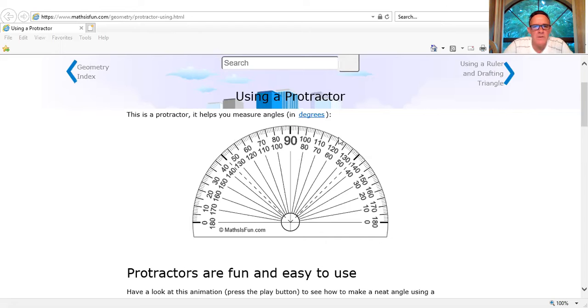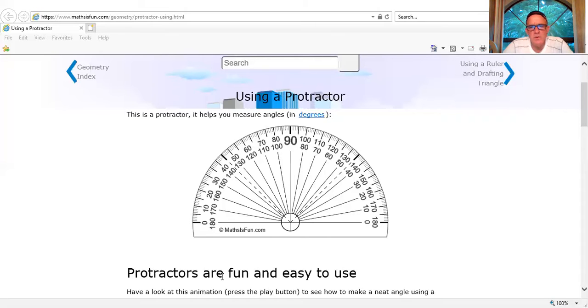What you're looking at right here is a protractor. I see kind of a half circle right here, and two sets of numbers. Right on top of the protractor, you see this black dot is 90 degrees. Then you have 180 on this side, or 0, and 180 on this side, or 0.